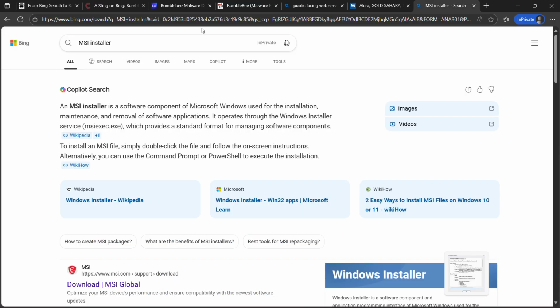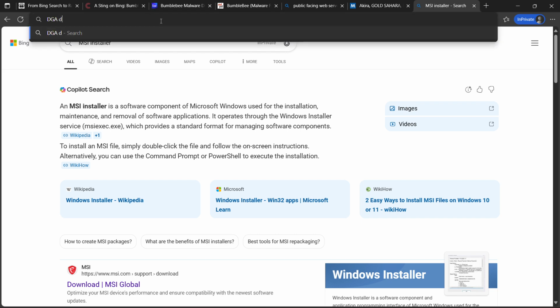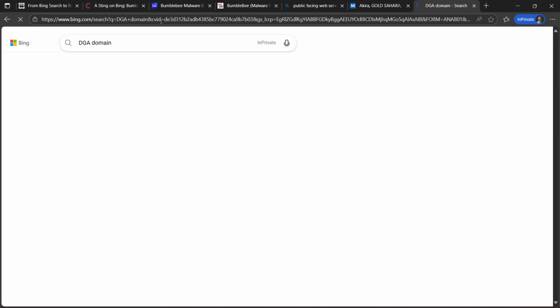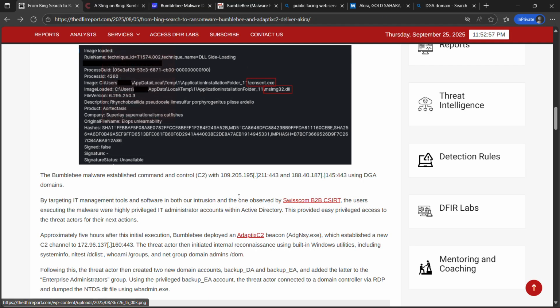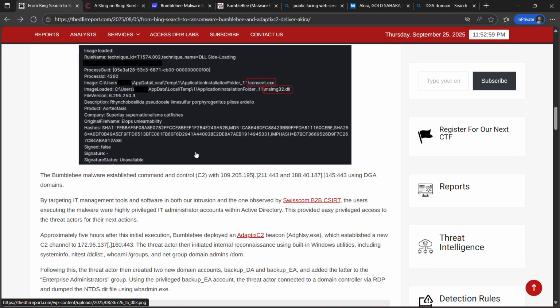DGA domains. What does that mean? Domain generation algorithm. So it produces domains, basically. Oh, these are the IP addresses of the domains in which the command and control are established. Okay, that makes sense.